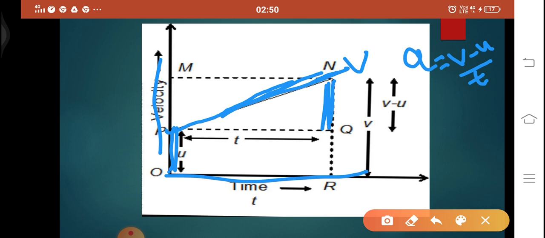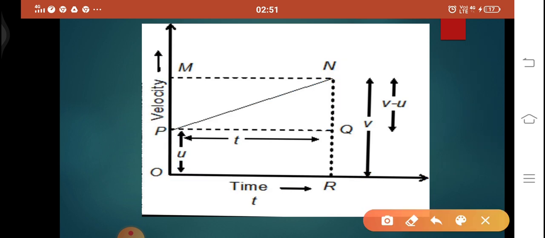And if you cross multiply it, at will be v minus u, or v equal to u plus at. The first equation. Similarly, if you calculate the area of this rectangle and this triangle, you will get s equal to ut plus half at square.